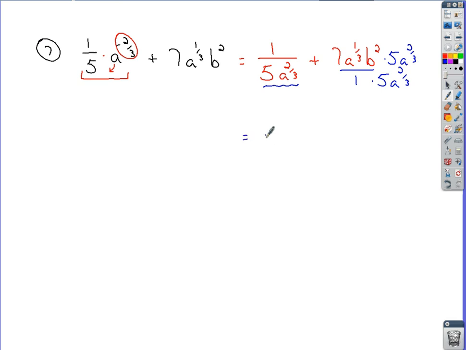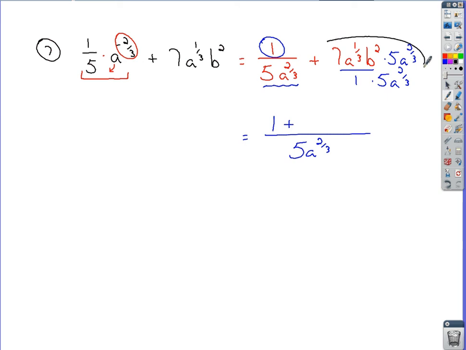As we do that, we're going to create one big fraction all over 5a to the 2/3. Considering the numerators we got to put together, you got a 1 right here. That didn't change, did it? But we are adding.